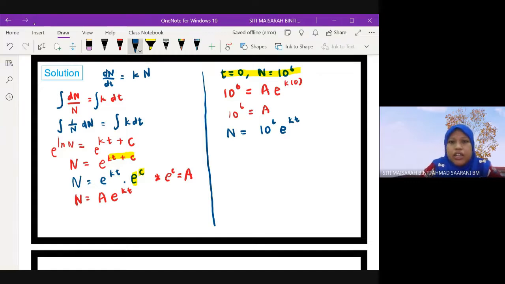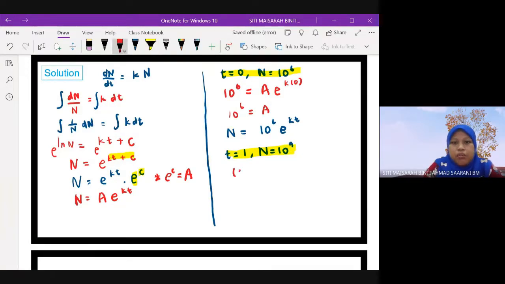Okay, so then kita ada yang kedua, initial condition kita yang kedua, when T equals to 1, N equals to 10 to the power of 9. Ini yang kedua. So ganti pula.